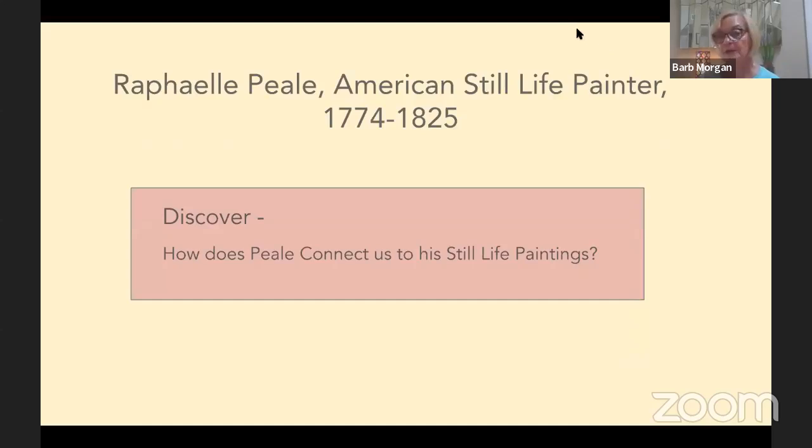Now moving forward, we're going to do Raphaelle Peale first as an American still life painter. He was born just before 1776, as you can see from a vantage point here, and lived until 1825. As we look at three of his still life paintings, I would like you to ponder this question.